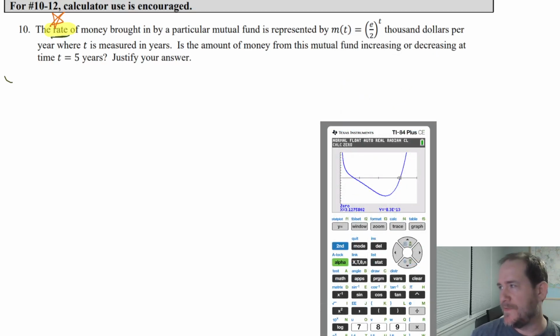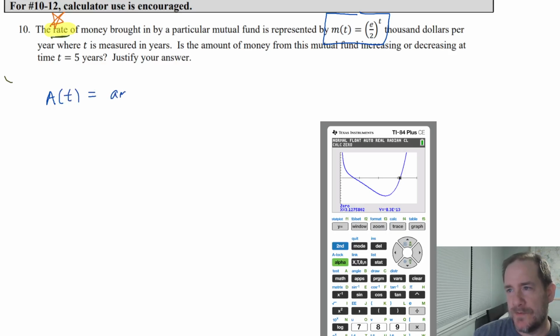They're telling you that this function m is the rate of change. So function m is a derivative. Like it or not, m is the derivative. And so they want us to make a conclusion about the amount of money. So it's almost like there's this other function, A of t, and A of t is the actual amount of money.